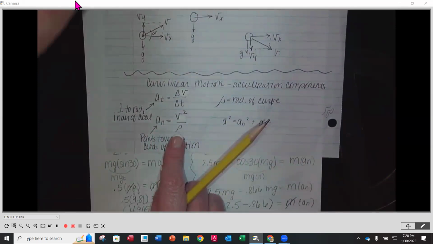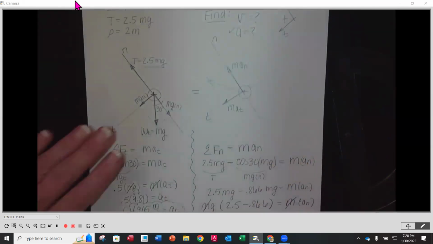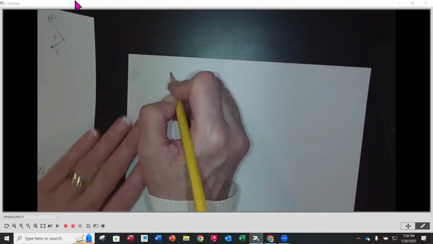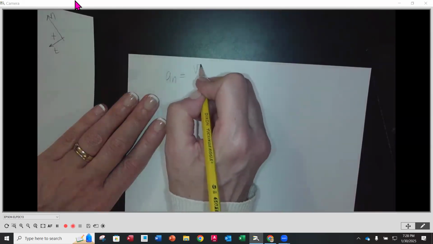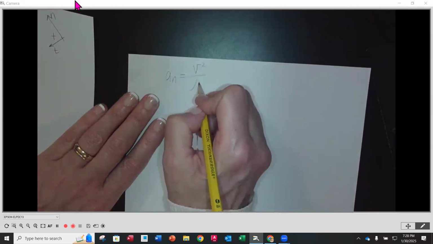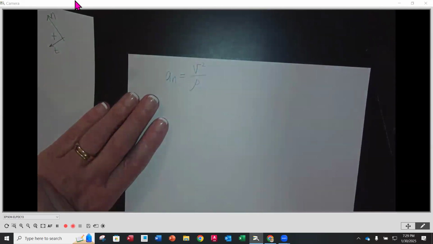And we were given the radius of rotation was 2 meters. So I actually have to go to the next sheet here. And I know that it's going to use that same base equation. The normal acceleration is going to be equal to the velocity squared divided by that radius of rotation.